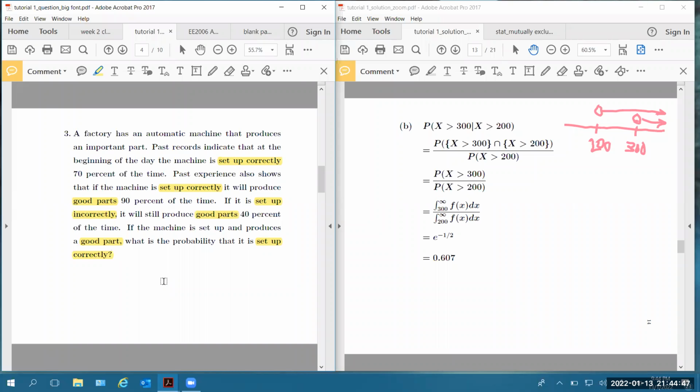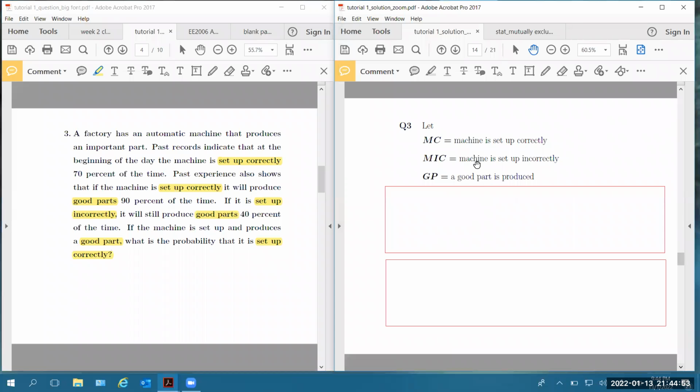Let's define them as events. See here, machine set up correctly, I call it MC. Machine set up incorrectly, I call it MIC. And machine produces a good part, I call it GP. So you see, I define the events.